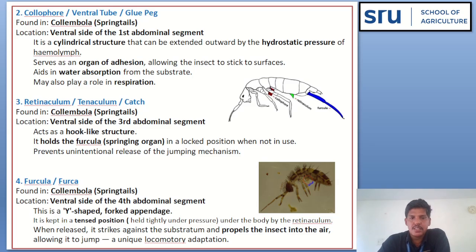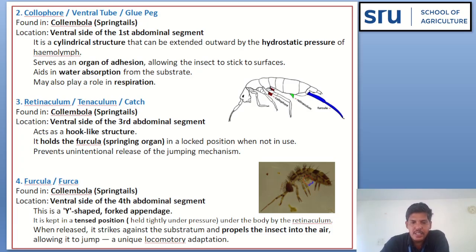The next appendage is the furcula or furca. It is also there in Collembolan springtails. It is located on the ventral side of the fourth abdominal segment. This is a Y-shaped forked appendage.